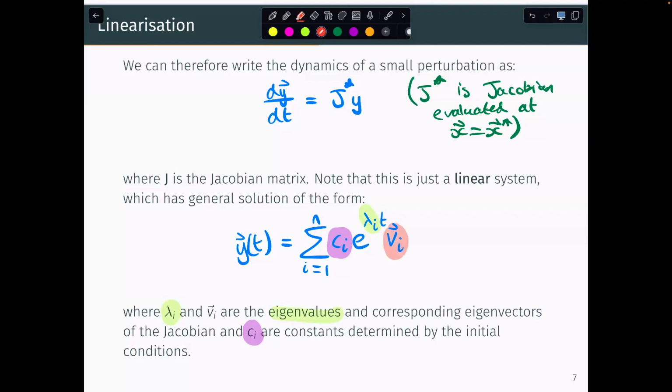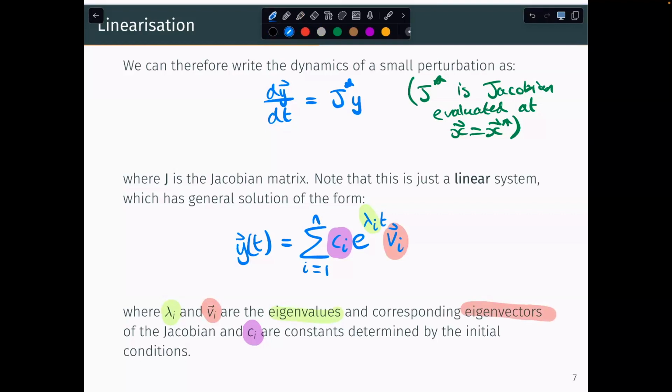And then the v_i's are the corresponding eigenvectors, again from that Jacobian matrix. We have n of these because this is an n by n Jacobian matrix. Okay, so that's the general solution.